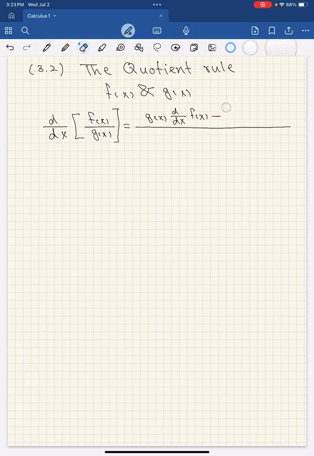Now we keep the top, f of x, times d dx of the denominator, which is g of x, over g of x all squared.